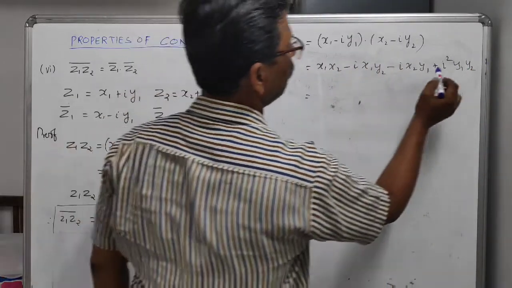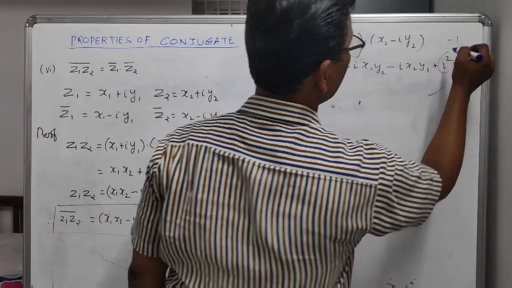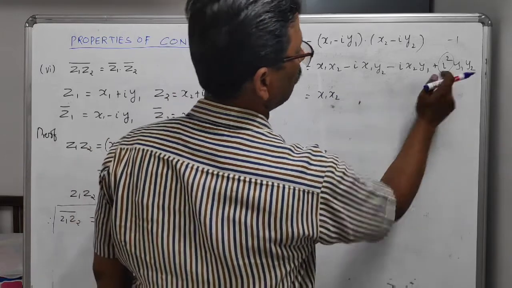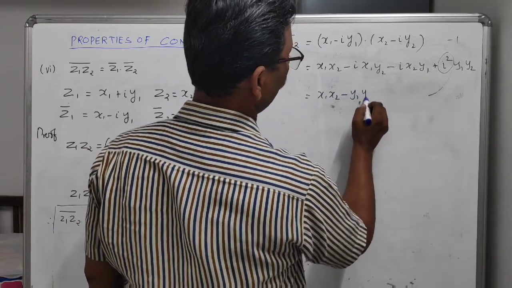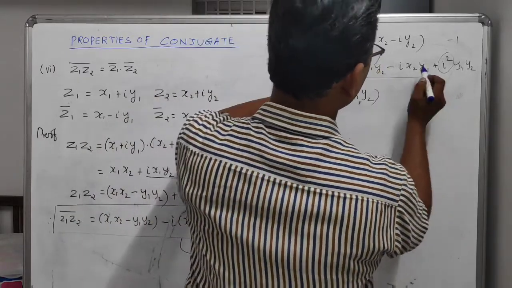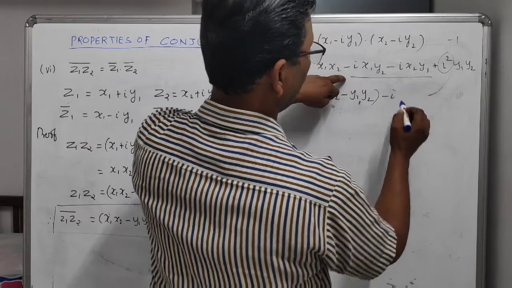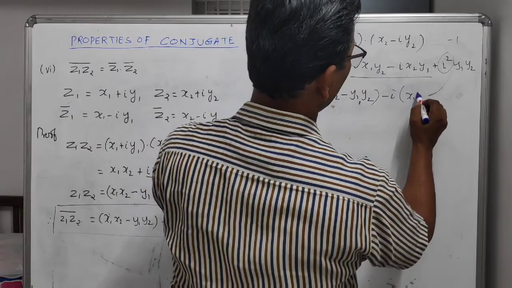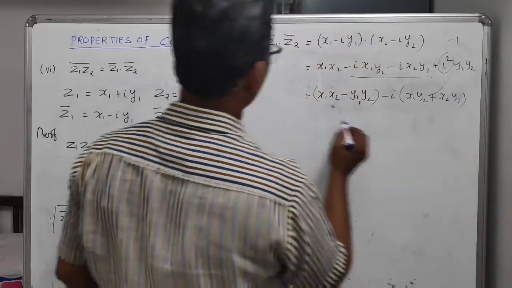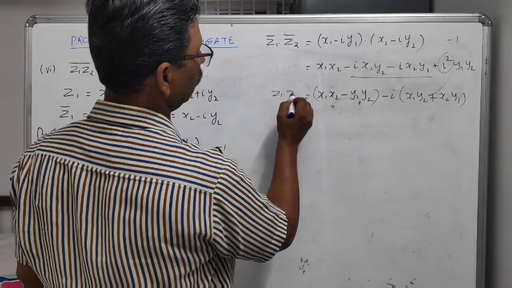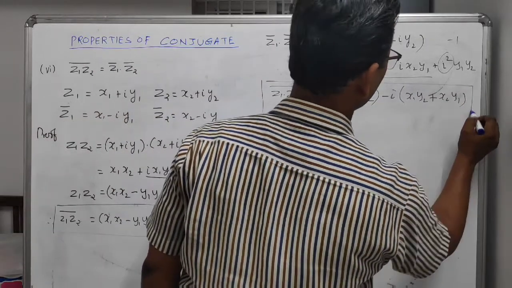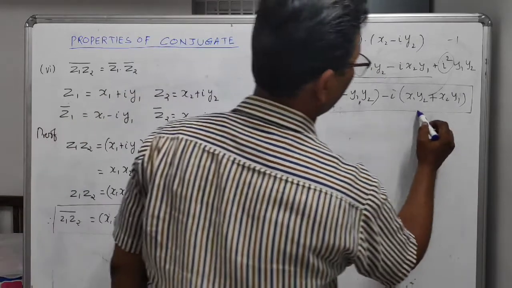Again this i square can be replaced as minus 1, then x1 x2 minus y1 y2 is the real part. In these two things a minus sign can be taken outside, minus i, then you will be getting x1 y2 plus x2 y1. Now this is Z1 into Z2 whole bar. Now you consider this as result number 2.